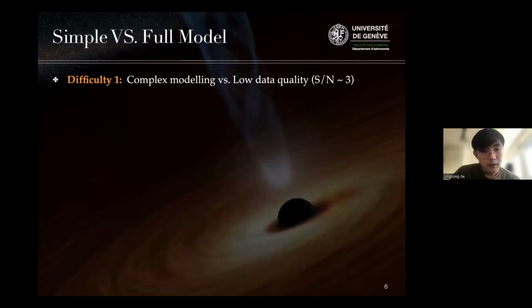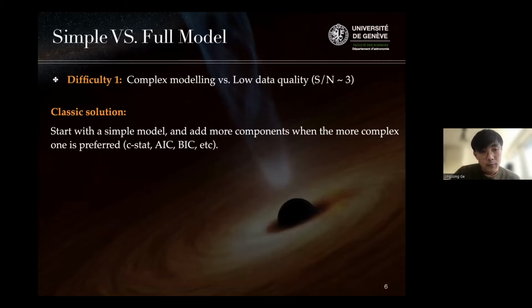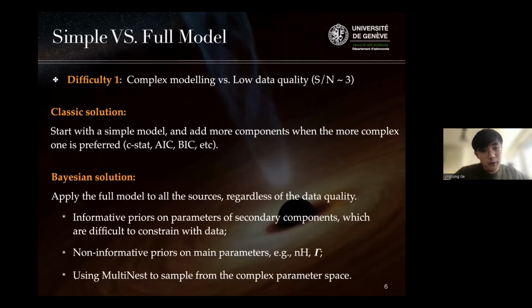This is actually the classic solution to this difficulty. You can start with a simple model and only add more components when the more complicated model is preferred, using the C-stat, AIC, BIC, etc. However, this solution could give us quite large biases, as I will show you in an example later. But in a Bayesian way, and I guess we're all more inclined to the Bayesian solution because we're talking about BXA, we can apply the full model I just showed to all the sources regardless of the data quality.